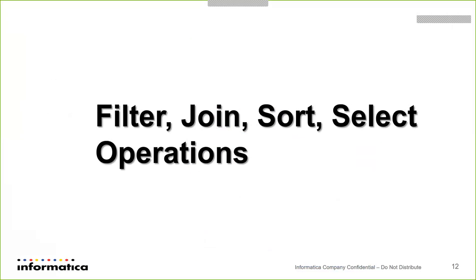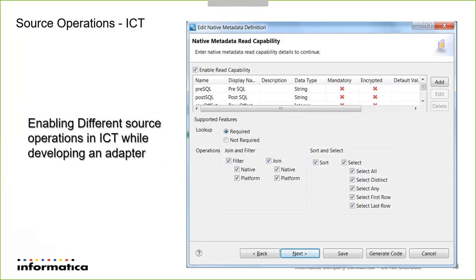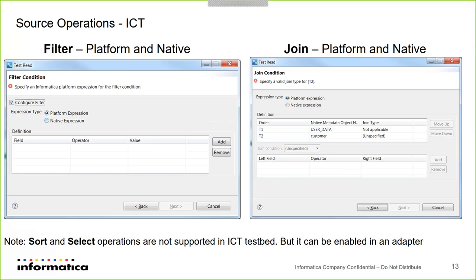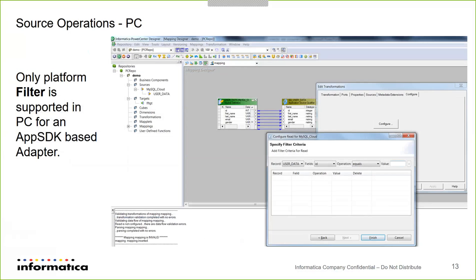Other operations like filter, join, sort, and all, like in ICT, we can configure this, and it will appear something like this while doing test connection in ICT. On PC, while importing, you need to configure these properties like filter. Join is not supported.